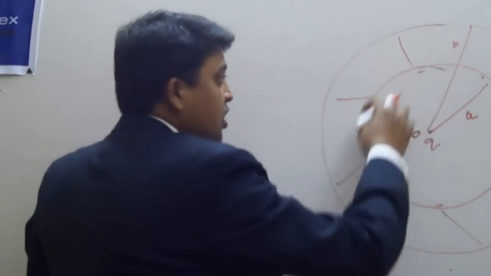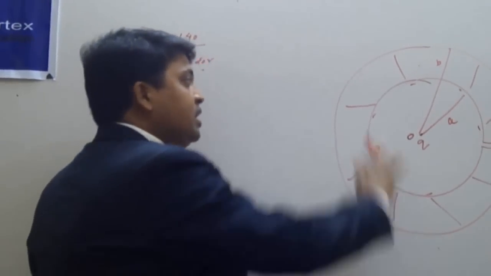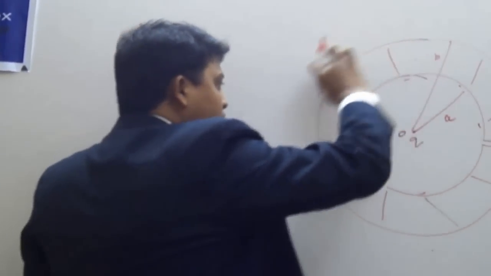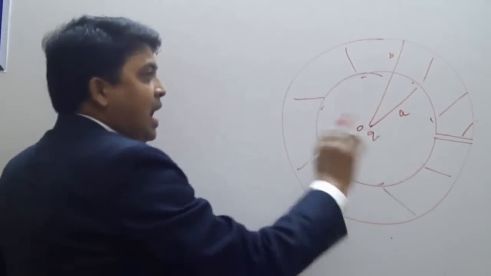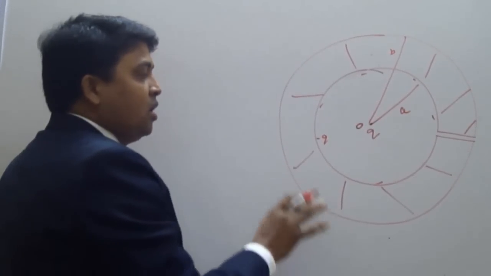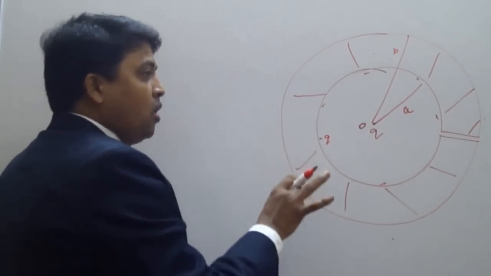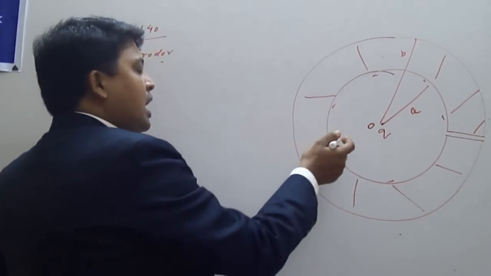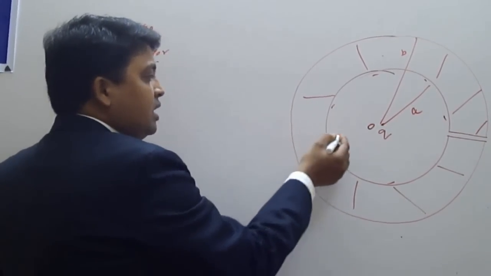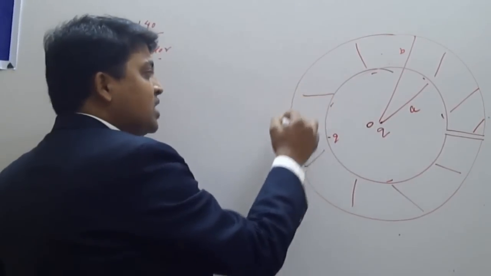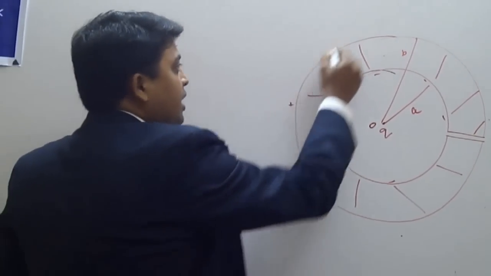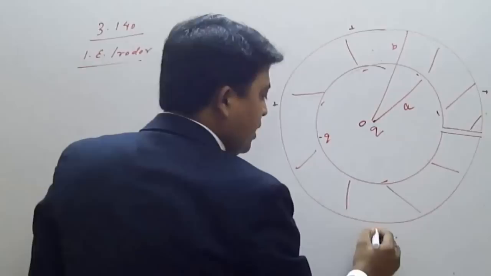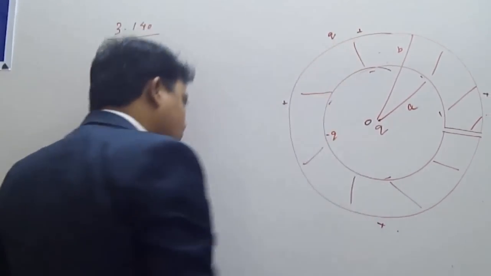So this is Q, so this will be minus Q. And since this conductor is neutral initially, and we know the charge cannot reside inside it, only on the outer surface or inner surface, if it is minus Q, then there must be plus Q on its outer surface. So this is plus Q charge.